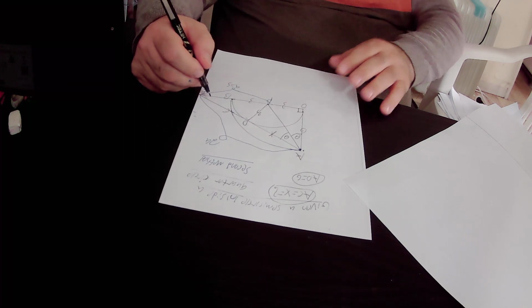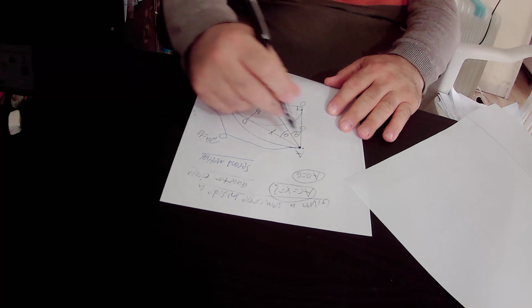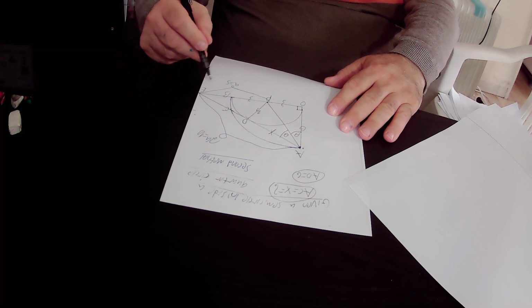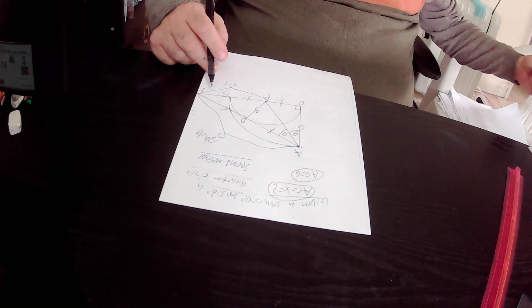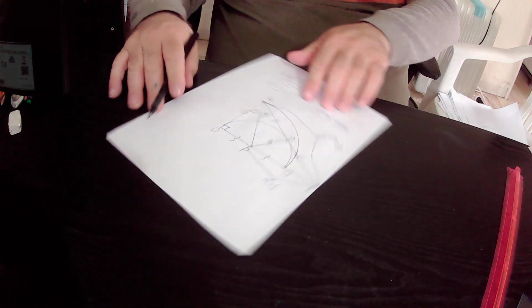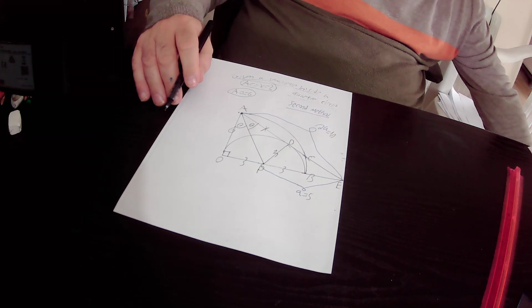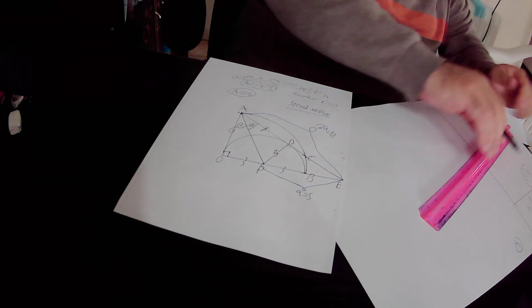And 2A is 2 times 5, that is 10. Actually, line segment AE equals 10 units, and line segment PE equals 5 units. And what is the length of line segment BE?